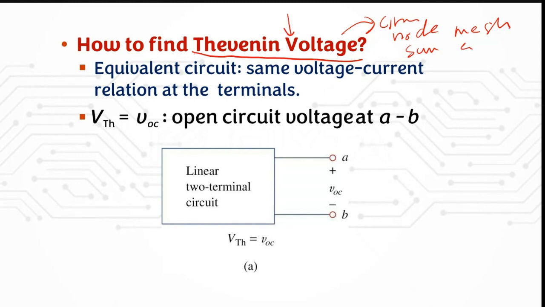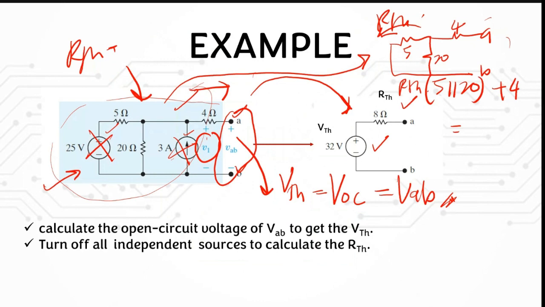The fundamental point is that your Thevenin voltage is equal to VOC, the open circuit voltage at port A and B. Like in this example, here is your VTH, which is equal to this VOC.